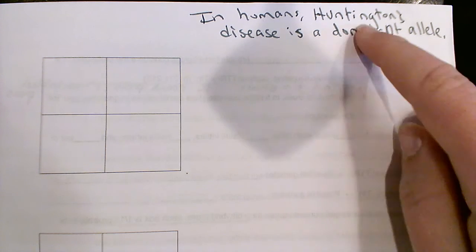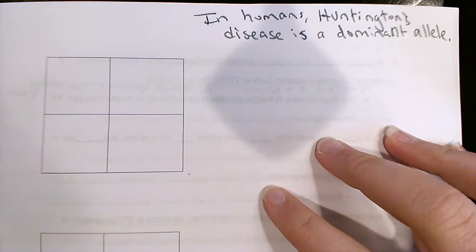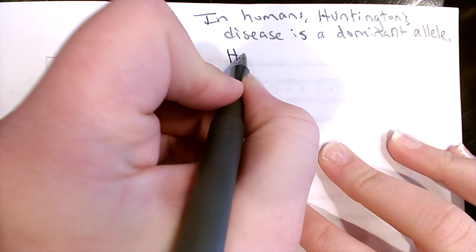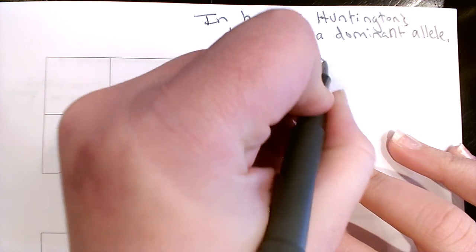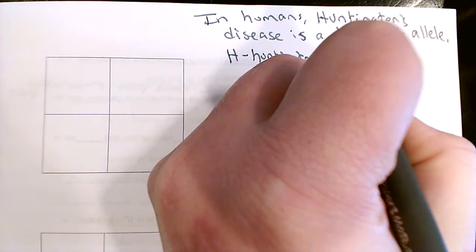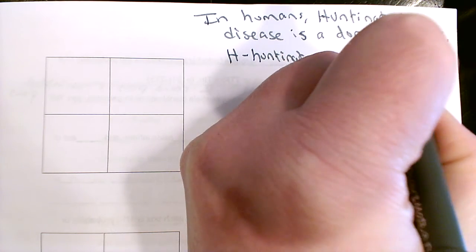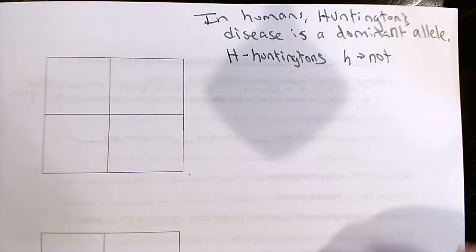And it is a dominant allele, okay? So we're going to have capital H for Huntington's, since it's dominant, and lowercase h for not Huntington's, since that's recessive.